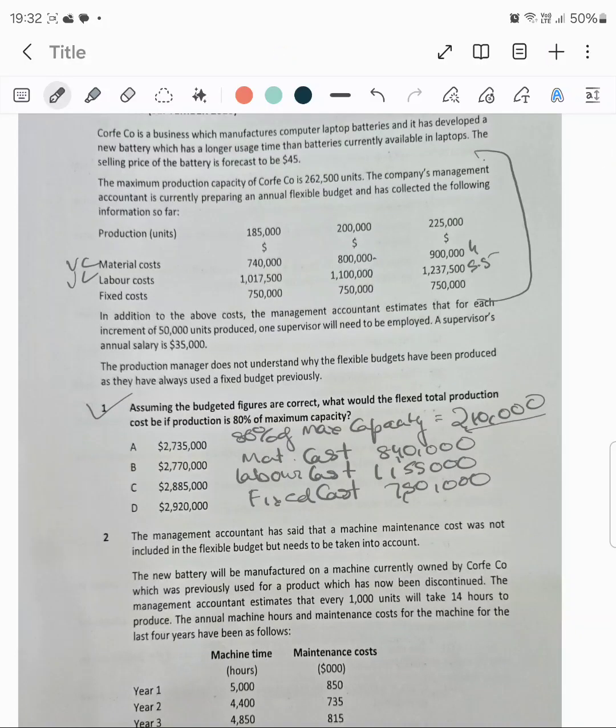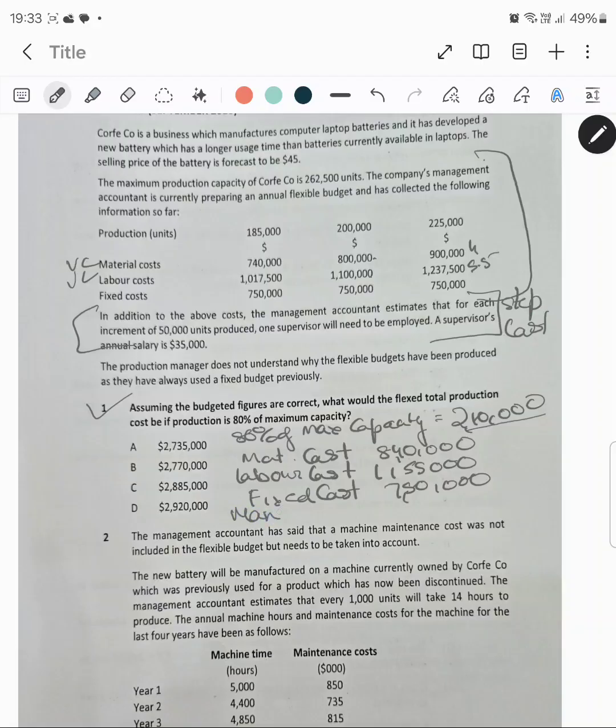Let me explain one thing I didn't mention: when we read this information, it is information about the step cost. Managerial costs are usually fixed costs, but this information is all about step cost, and I did not consider that.